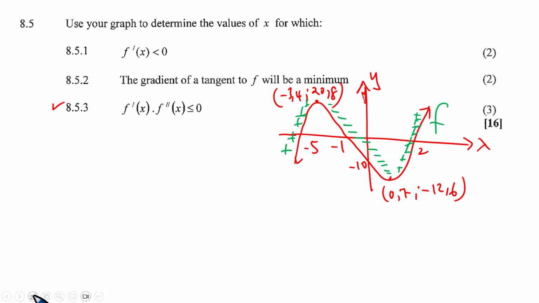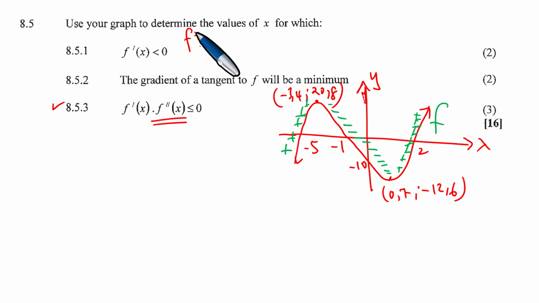This is what we have now. There are two functions we are dealing with here, and the other function is the second derivative of the function f of x. Let's analyze that.